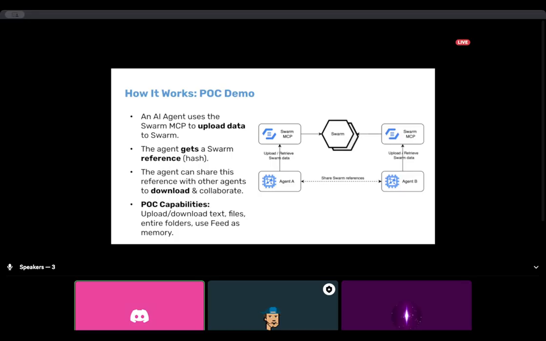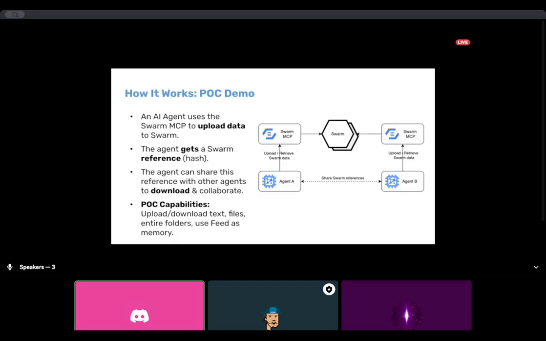The hash comes into the picture in an easy way, because then the agent can share the hash with another agent or just with the user. Another agent can call the download function from the MCP server, and then it will receive the data directly from Swarm. So there are no intermediaries there other than the MCP server that of course you can run locally as well.